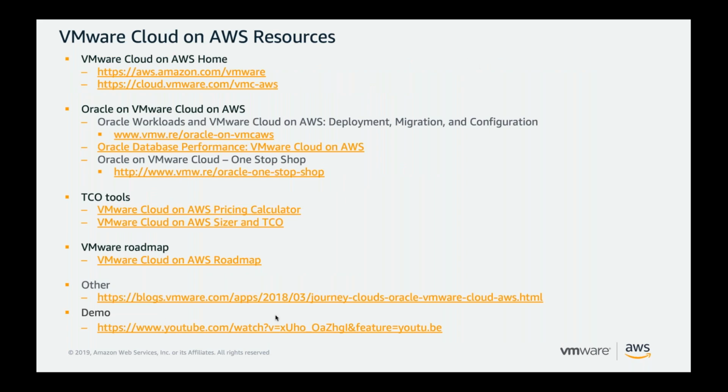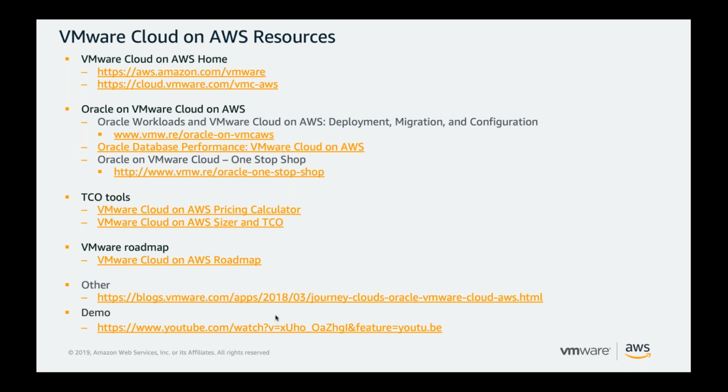Here are some of the important resources for VMware Cloud on AWS. So learn more about the service on the above 2 links. You can find a lot of information about the typical use cases, the pricing, the ecosystem, and learning resources. There's a lot of technical information in the white papers, namely the Oracle workloads and the VMware Cloud on AWS deployment, migration, and configuration, the Oracle database performance on VMware Cloud on AWS.